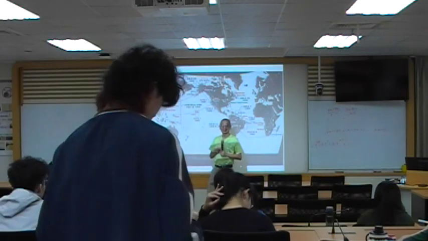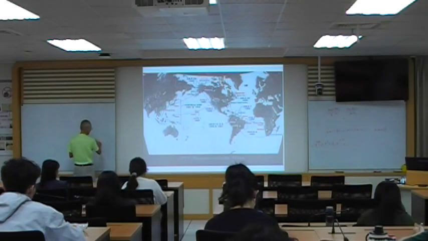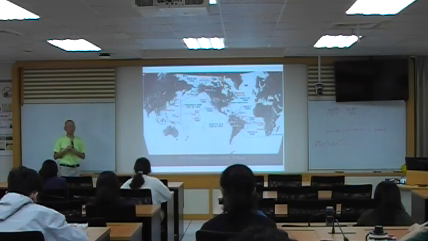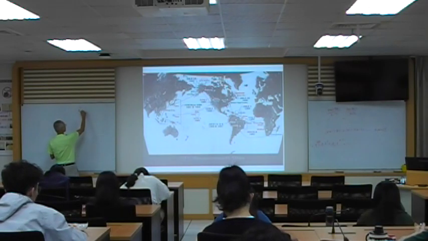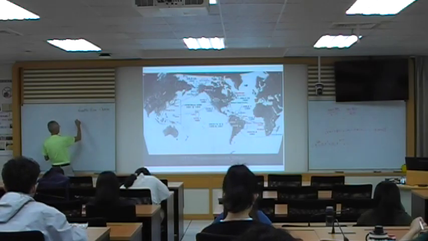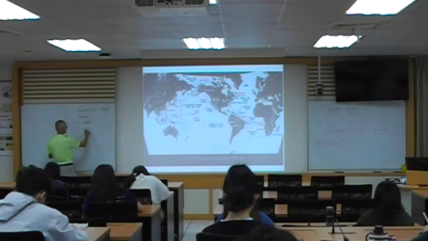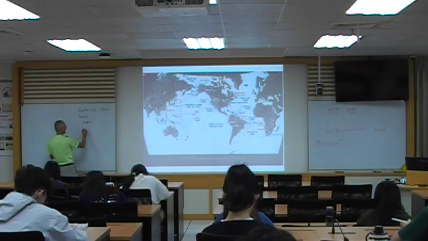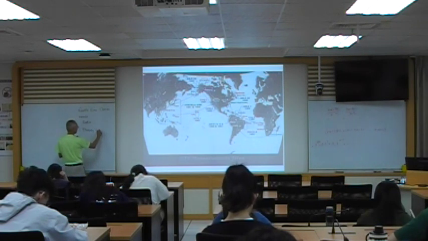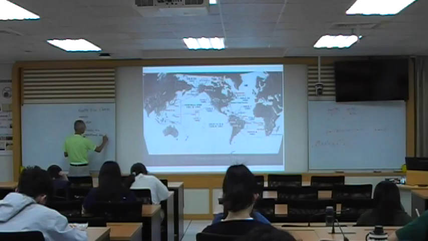Okay, so we need to have the observational data to show the status of our Earth's environmental chemistry. For the Earth's environmental chemistry, we need to have three pillars. First, we need to have the data. Second, we need to have a theory to understand the data.